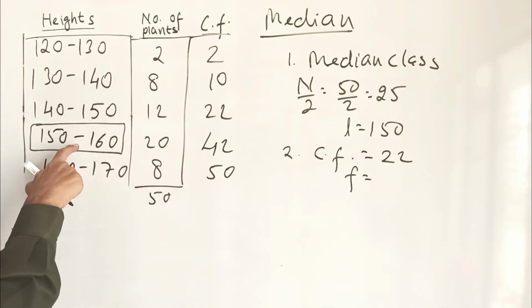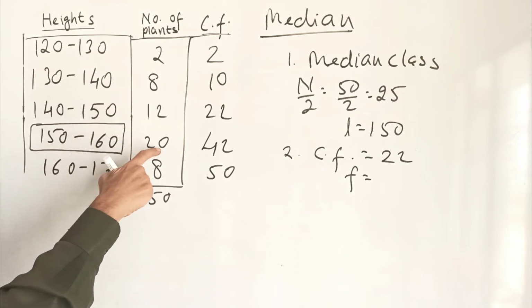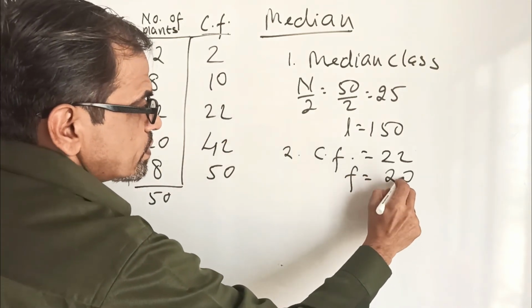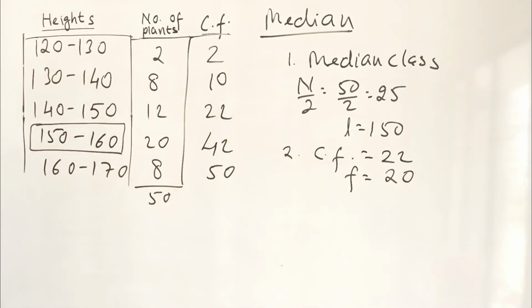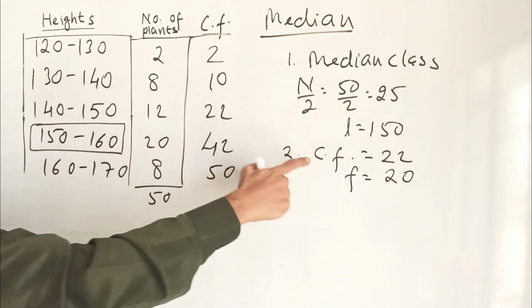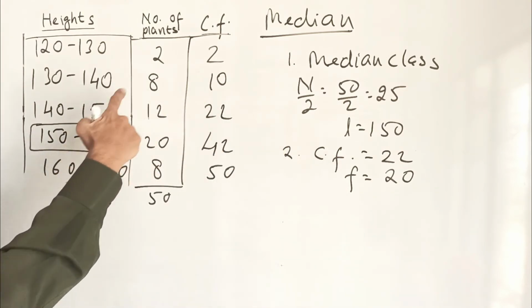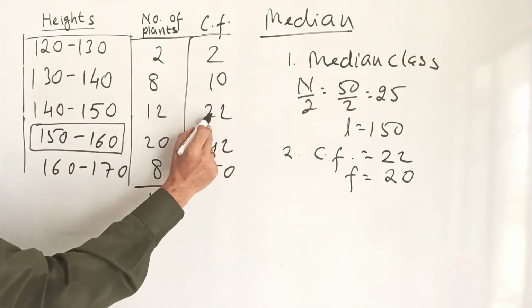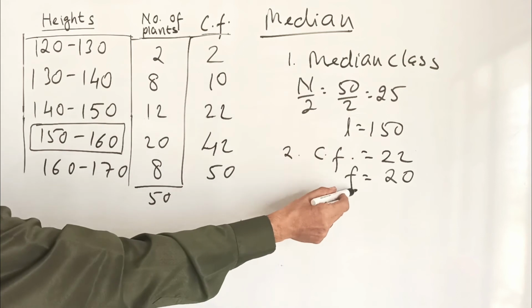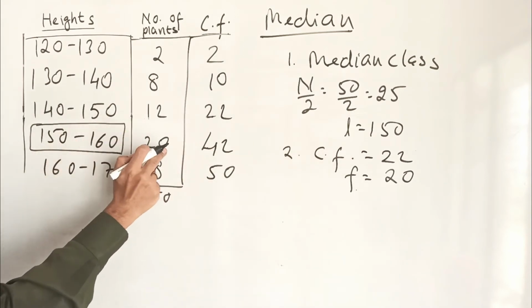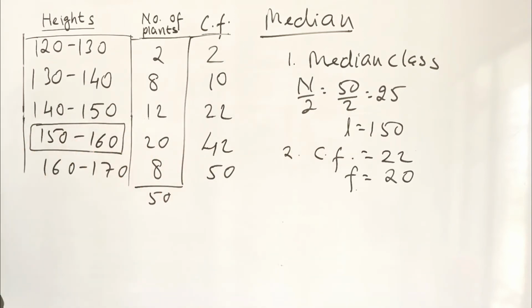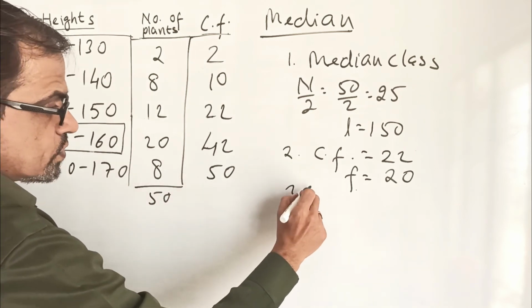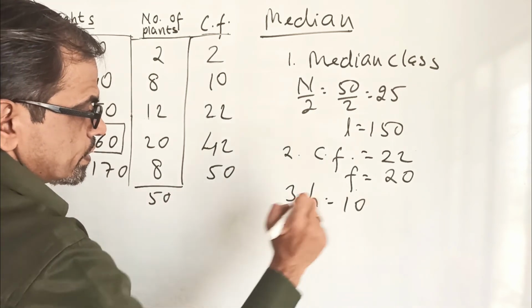The median class frequency is 20. The cumulative frequency you have to locate is just prior to this median class, but the frequency is that corresponding to the median class. And H, you know, H is the same, that is 10.